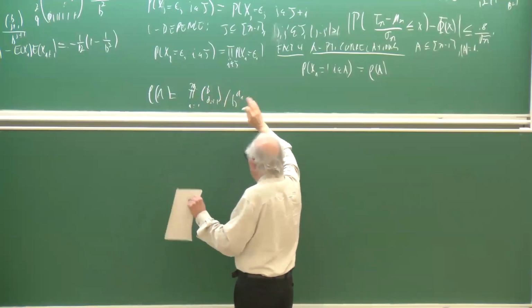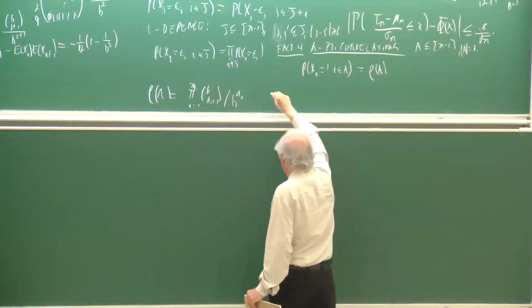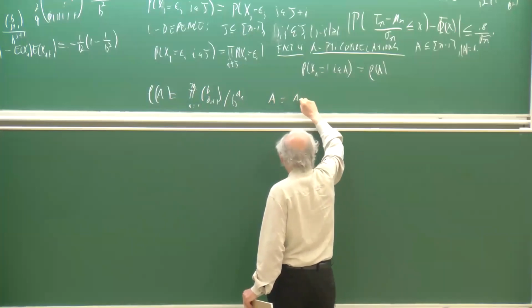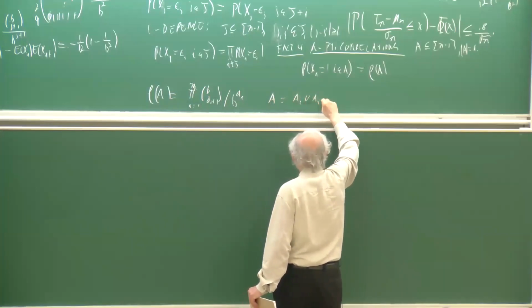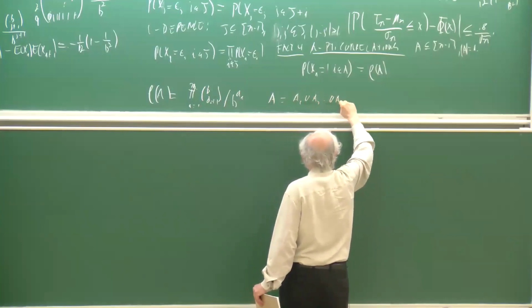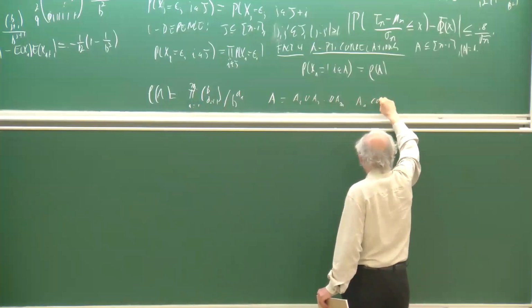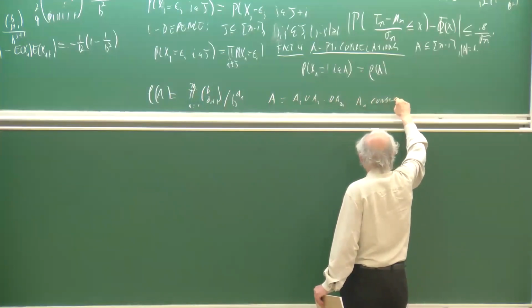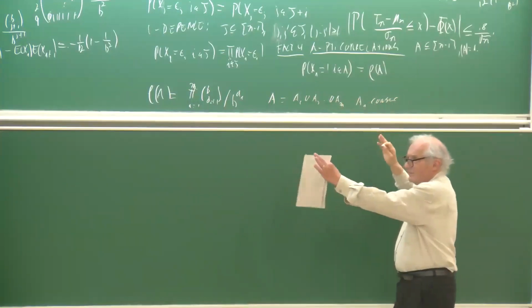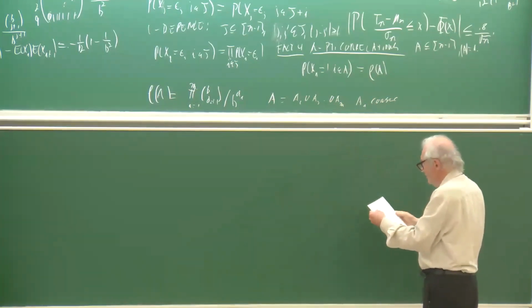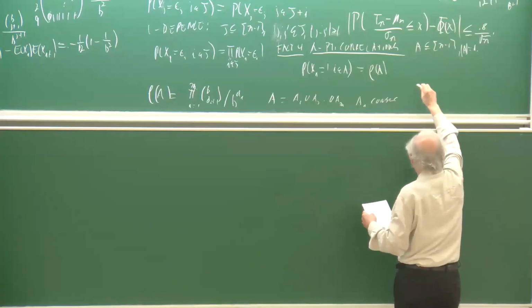So whatever it is, that's a nice formula where A is equal to A1 union A2 union up to AM, where the Ai are consecutive blocks. So you can express your positions as a disjoint union of a bunch of consecutive blocks. It's maybe easiest to do an example.